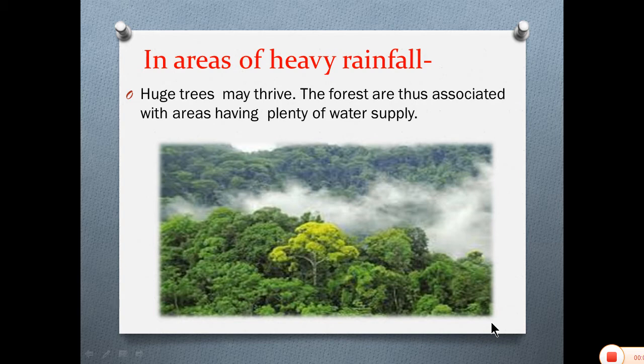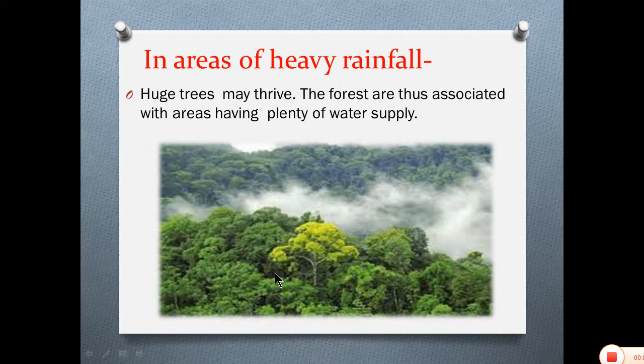So the more concentrated form of vegetation is located at the equator, because these two factors are in plenty, that is, temperature is very high and you have very heavy rainfall. When you look at the picture, you can see a dense forest with tall trees.